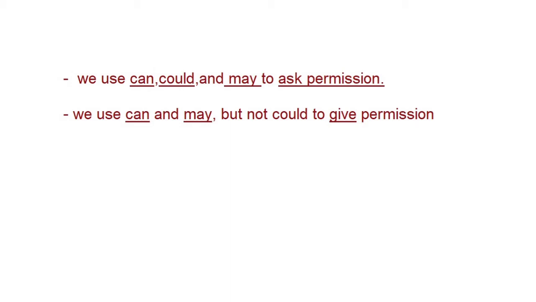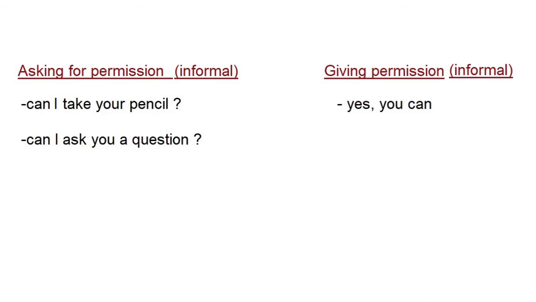For example, you are asking someone to get a pencil. Can I take your pencil? Or you are asking someone, can I ask you a question? How will the answer be? The answer will be, yes, you can. Okay, this is an informal way of asking permission.